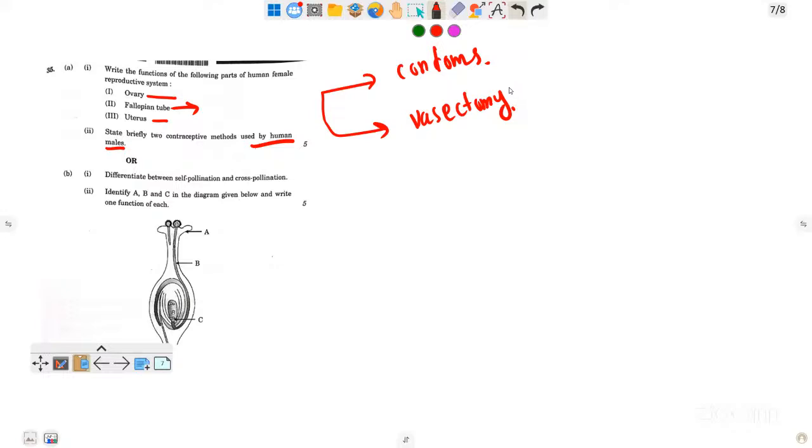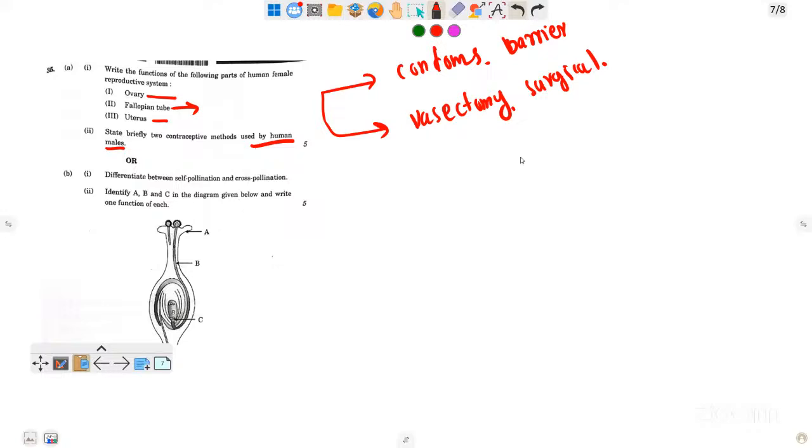These are the only ones you are studying. Condoms are a physical method or barrier method, and vasectomy is a surgical method. For condoms, just write that they prevent the meeting of egg and sperm. It is made of rubber.